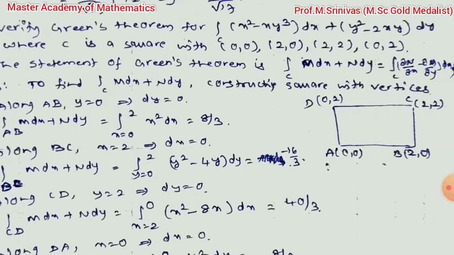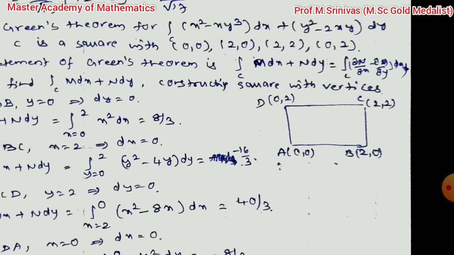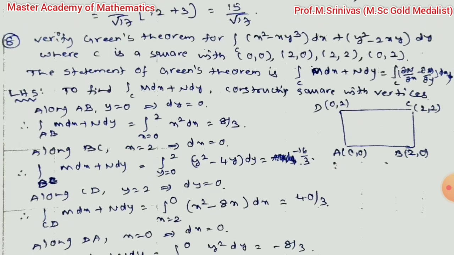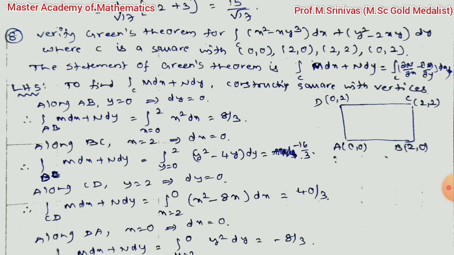Similarly along the line BC, x is constant, so dx equals 0, and the integral over BC of m dx plus n dy is y changing from 0 to 2, substituted in m dx plus n dy. The final answer is minus 16 by 3.